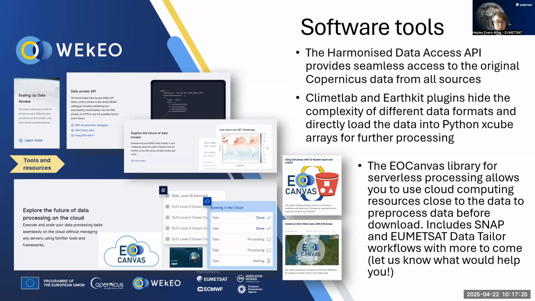And I think one of the most important things that we've done in terms of allowing efficient usage of data is develop a series of software tools that allow you to start working more broadly with very large volumes of the data that we provide. So one of the core things here that can help is the Harmonized Data Access API. And this is really the backbone that provides access seamlessly to all the different types of data that I mentioned before.